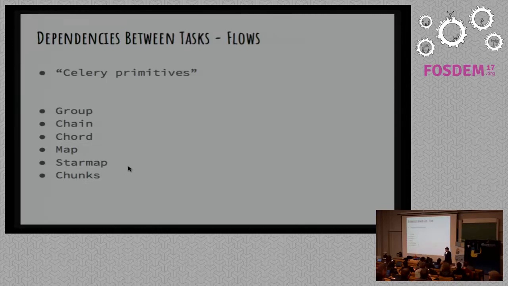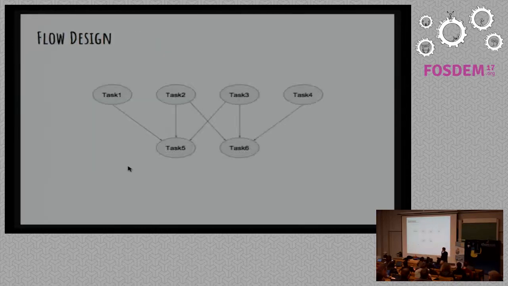So in our flow, we have these dependencies. Let's say that these tasks have various execution times. That means, for example, it takes 1 minute to process that task.